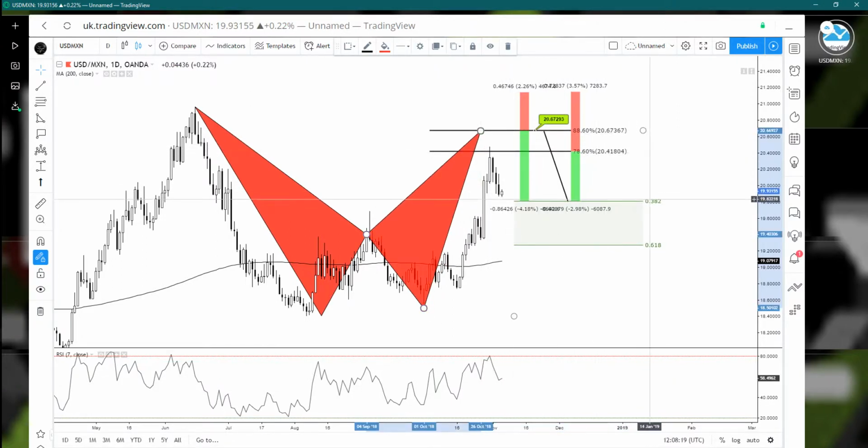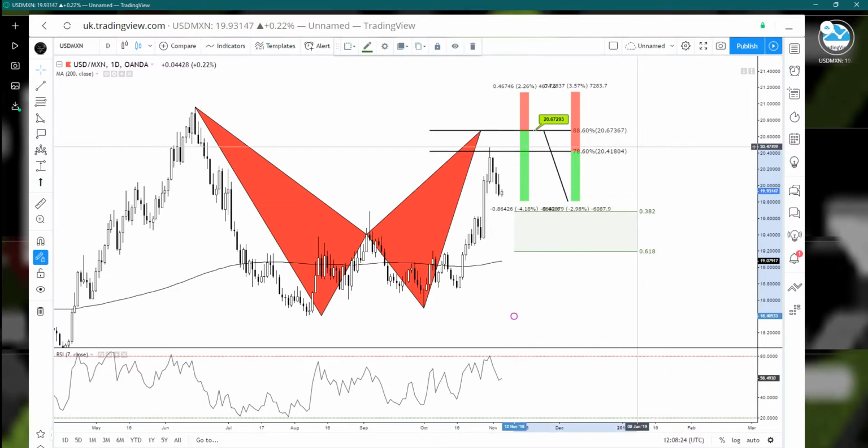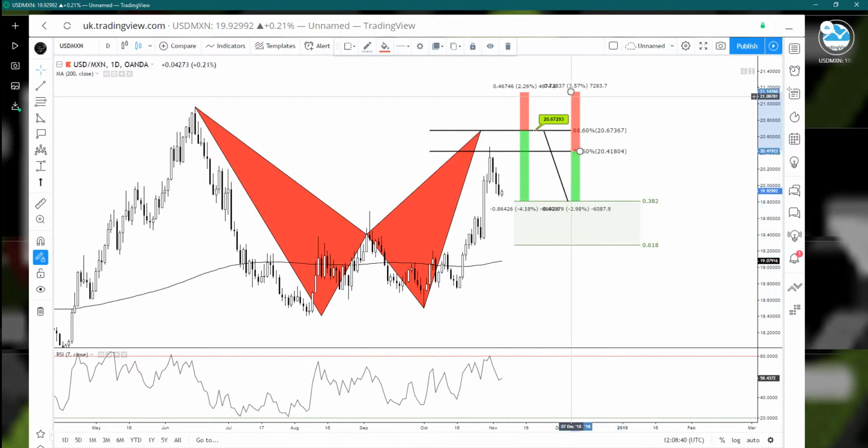The market doesn't give a damn about my entry point. So I enter the market at 78% retracement, the market decides to print that BAT pattern, and I need to adjust my targets. So I lose my reward in consideration to my initial risk.